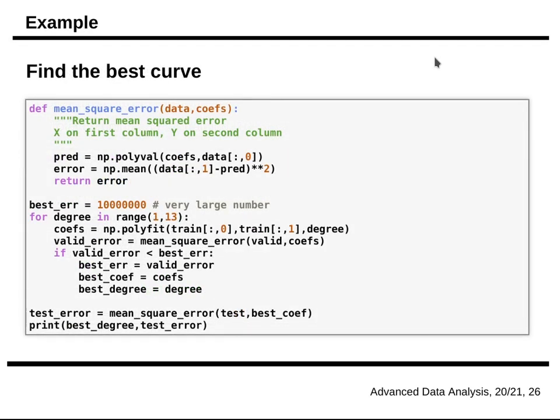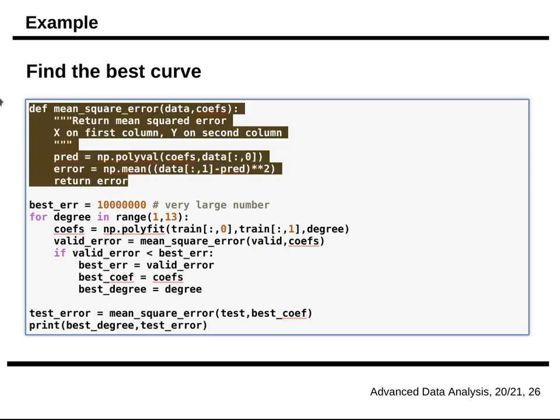And now we can try different polynomial degrees. So we can do a loop here and try different degrees of the polynomial, but we're going to fit the polynomial to the training data, and then we're going to measure the error on the validation data.